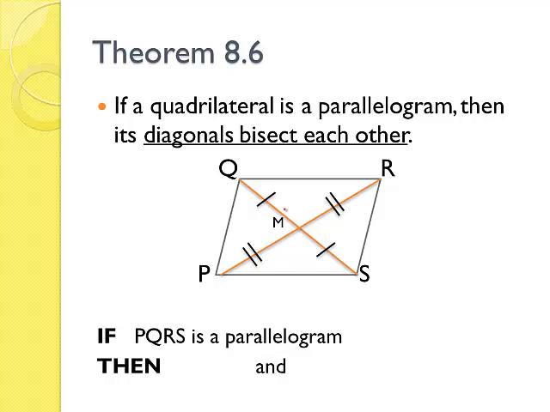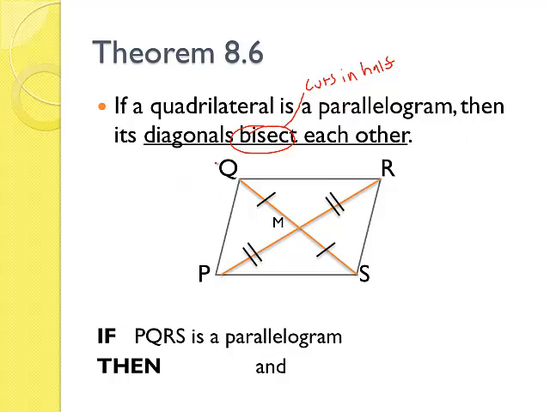Next property. If you establish a quadrilateral as a parallelogram, its diagonals are going to bisect. Bisect, that's a word from first semester module. Bisect means cuts in half, because bi means two.